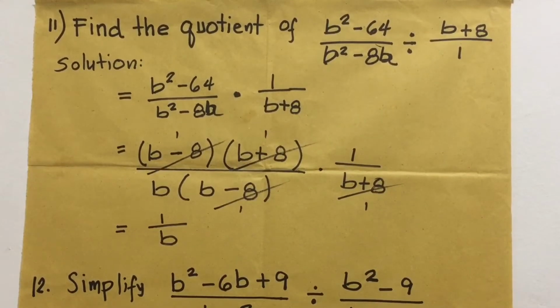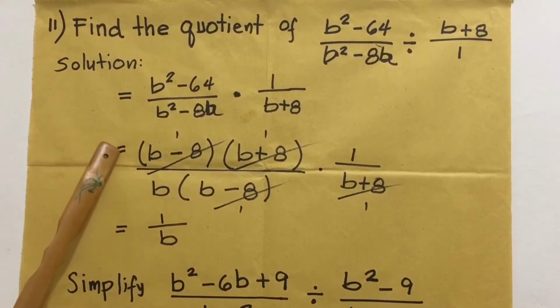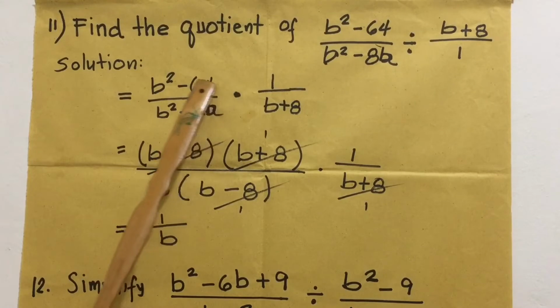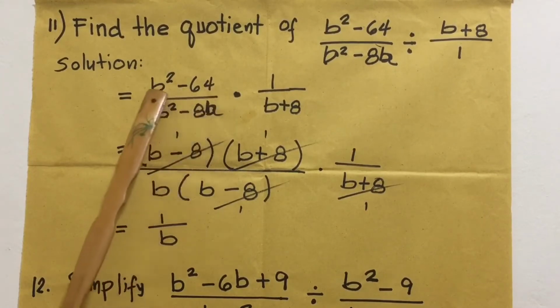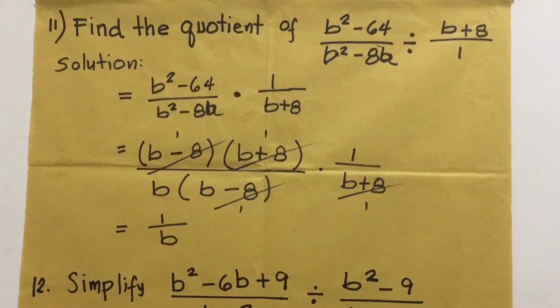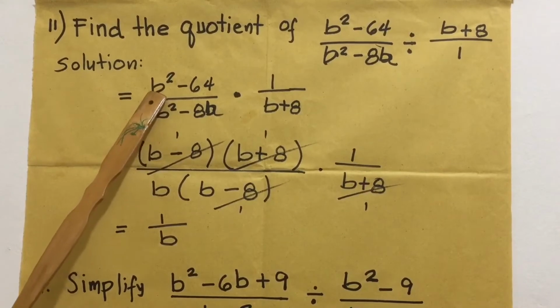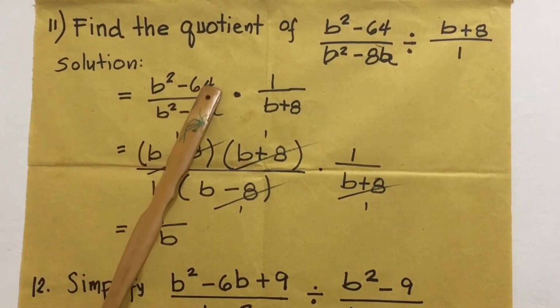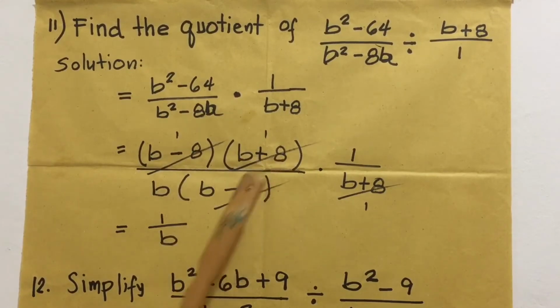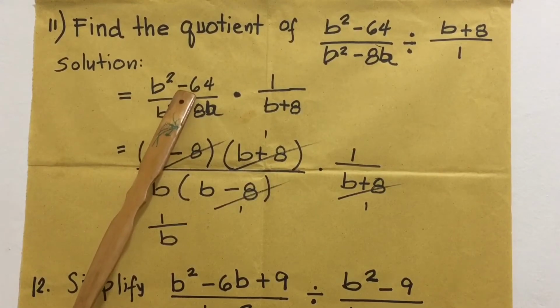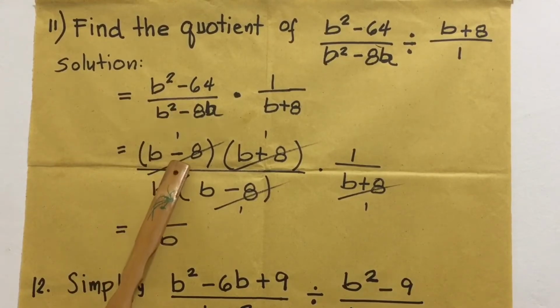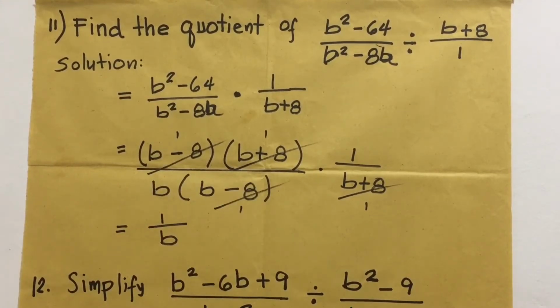After that, our next step is to find the factor of b squared minus 64. We can factor this because 64 and b squared are perfect squares. The factor of b squared is b, and the factor of 64 is 8 and 8. Once we have a negative here, our signs for the factors are one negative and one positive.